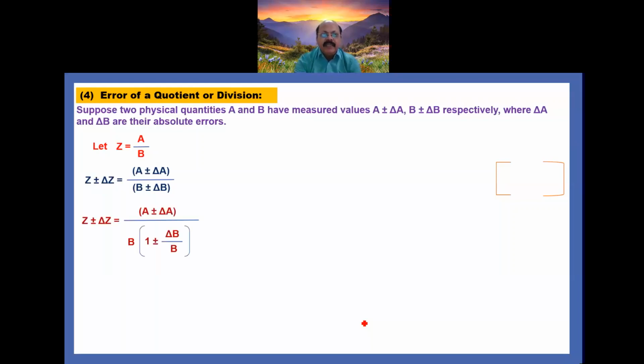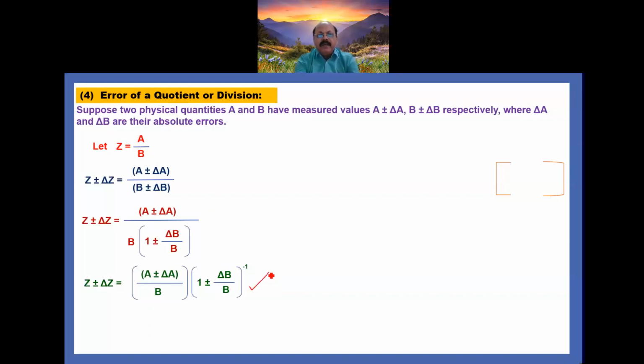Now we simplify it. So we take B common in the denominator. The result becomes Z plus minus delta Z equal to A plus minus delta A upon B common within bracket 1 plus minus delta B upon B. Further we simplify it, then it becomes Z plus minus delta Z equal to A plus minus delta A upon B into 1 plus minus delta B upon B, which we bring from the denominator to the numerator, so it becomes 1 plus minus delta B upon B raised to the power minus 1.